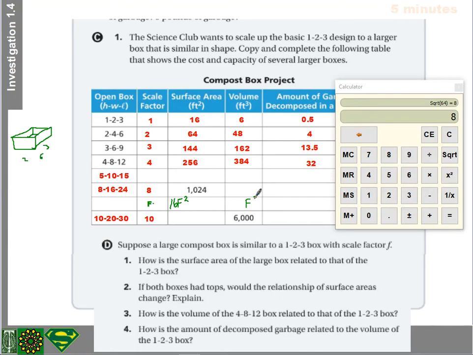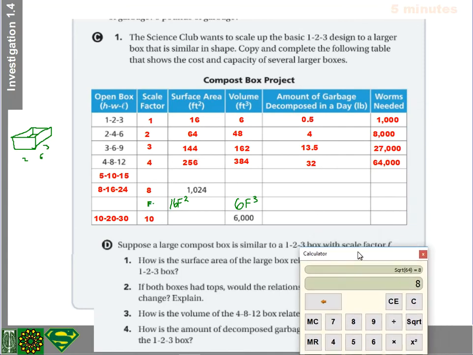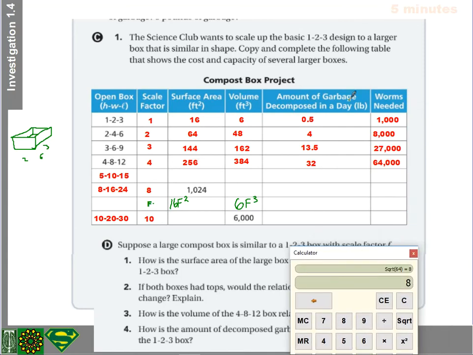We are cubing it, and then multiplying it by the original volume. And the volume of garbage decomposed has to do with the volume of the box. So again, that's going to be the scale factor cubed times the original. It's an ugly 0, sorry. And then same here. The original is 1,000, and we're multiplying by the scale factor cubed. So there we go.